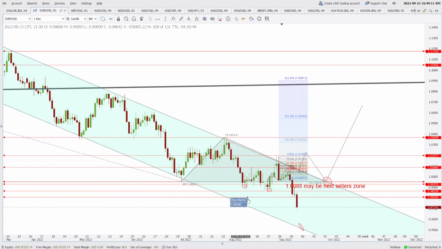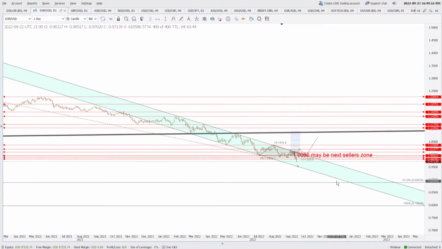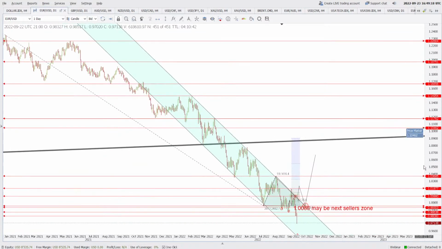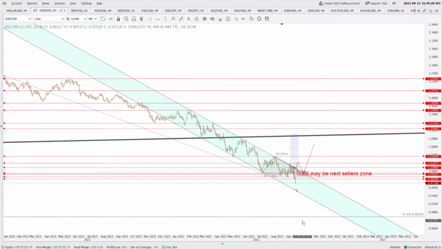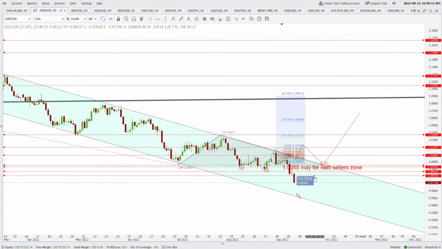Why? Because this is the falling channel's support zone. There is no other support, my friends, below this level. But yes, if you ask about the Fibonacci expansions, then 0.8883 is the level which price must be seeing, but not very soon. It may take time for the price to travel to that level. On the upside, now we have a resistance at around 0.9863 area.